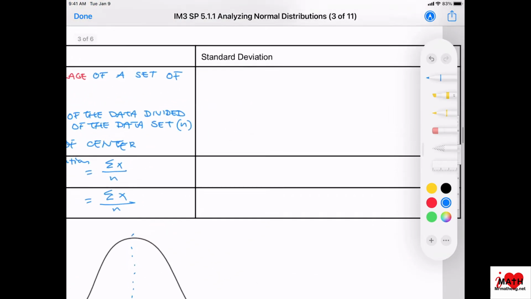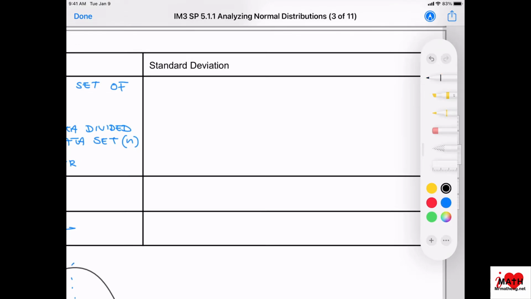All right, let's talk about something called the standard deviation. The standard deviation, its definition is it's the data spread. I'm going to highlight that word, spread, and how spread out the data is from the mean.